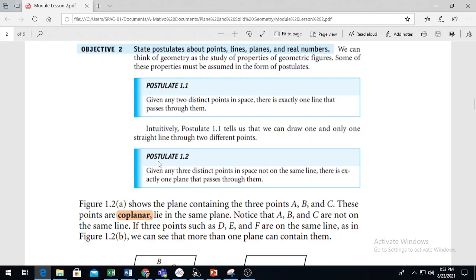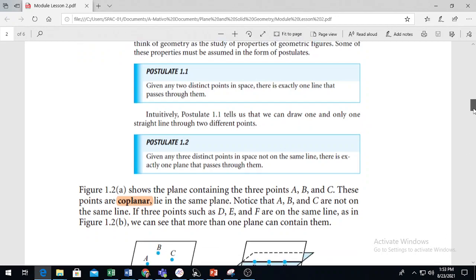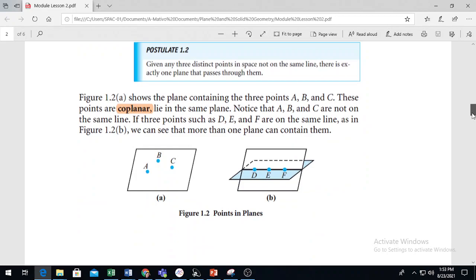Okay, three distinct points in space not on the same line. Of course, because we can only create a line with two distinct points. So if you are connecting two of the points, given three distinct points, then you can only have one plane. Those are postulates 1.1 and 1.2.